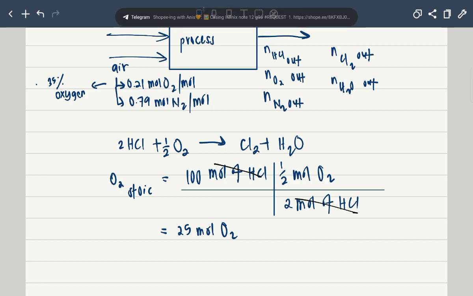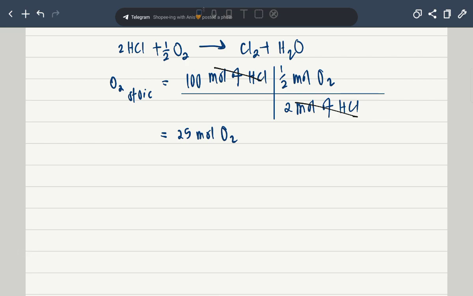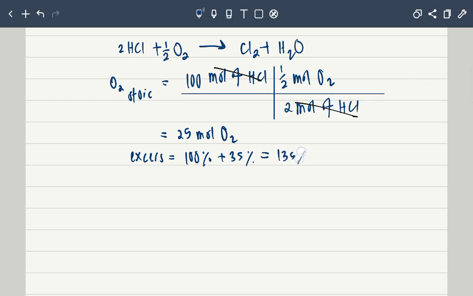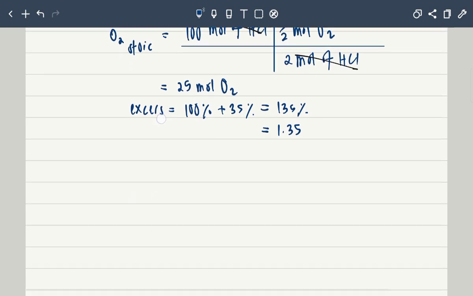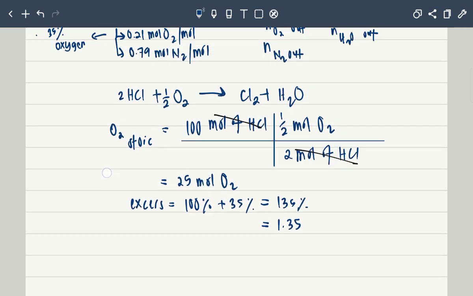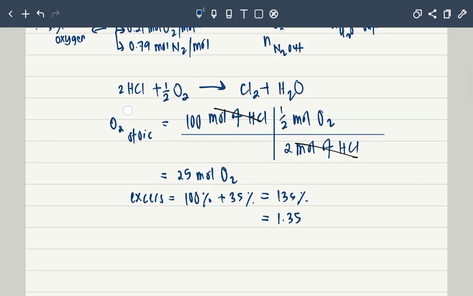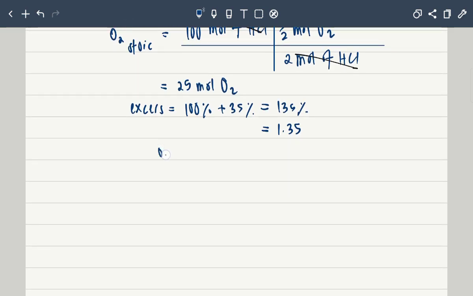So excess equals to 100%. Sebab excess, so tambah je lah 35%. So dapat berapa persen? 135% equals to 1.35. Okay, faham. So kita ambil daripada atas tadi 0.21 N1, sebab kita tak tahu N1 kan, 0.21 times N1.